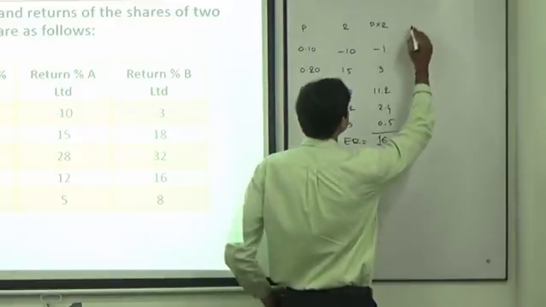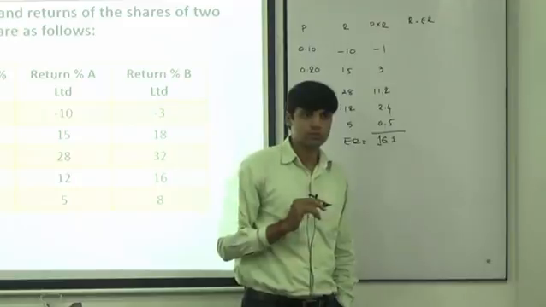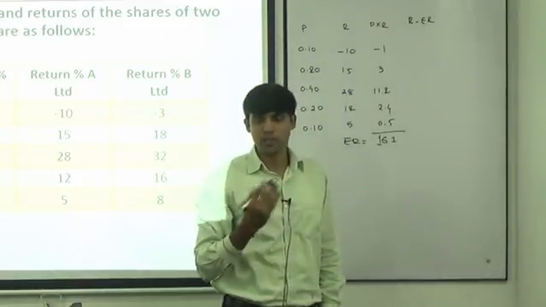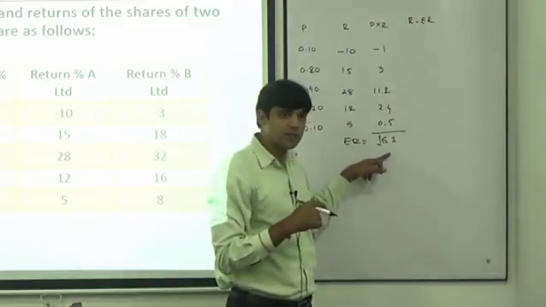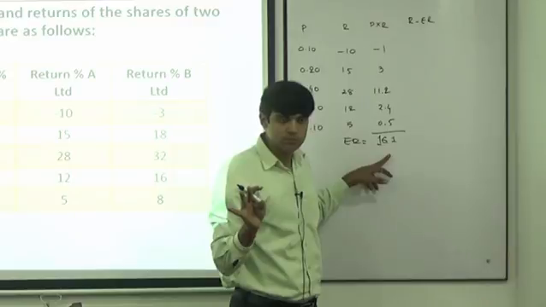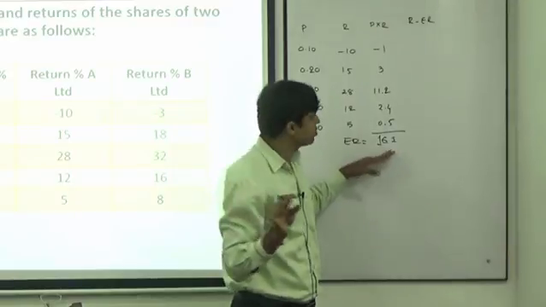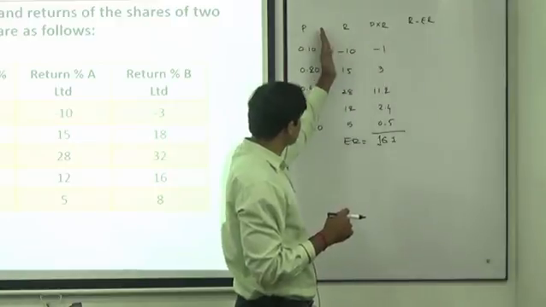Now the next step is to do what? Return minus expected return. There we did average return. Here we directly got the weighted average, so this is not to be divided by anything. So it is return minus expected return. Now this is not my return. My returns are here.